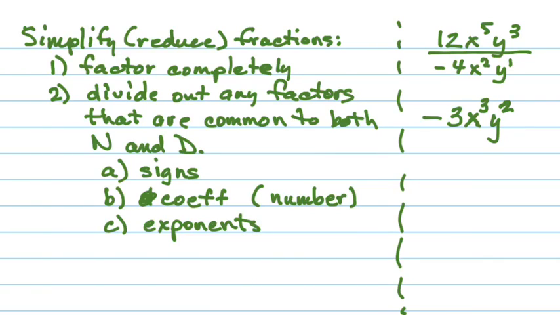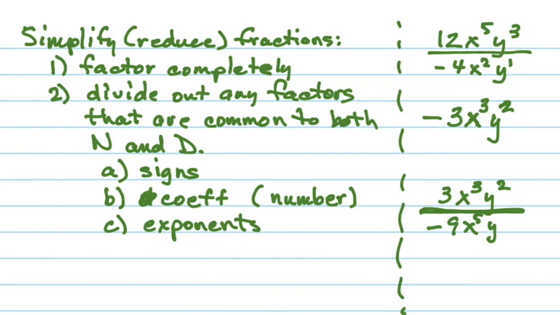Now, they don't always divide evenly. So say we have 3x to the 3rd y to the 2nd, divided by negative 9x to the 5th y. Okay? Again, we know it's division because of the fraction bar.